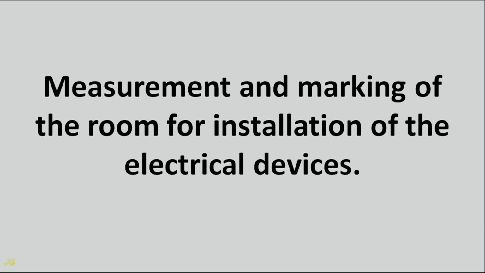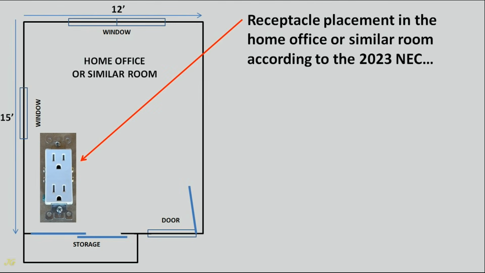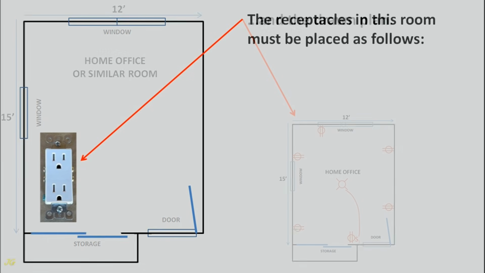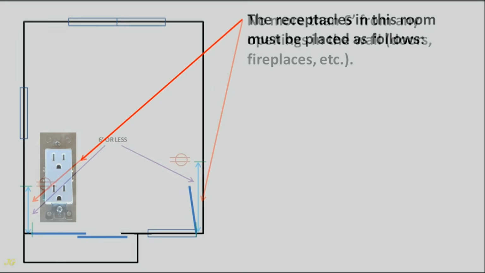Measurement and marking of the room for installation of the electrical devices. Receptacle placement in the home office or similar room according to the 2023 NEC and the drawn plan. The receptacles in this room must be placed as follows.